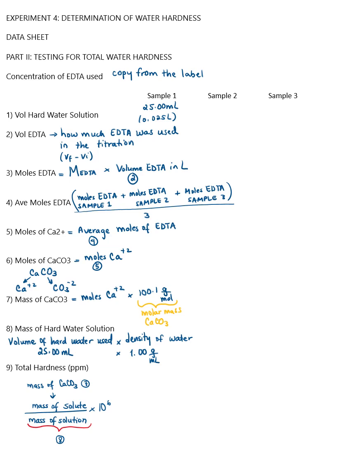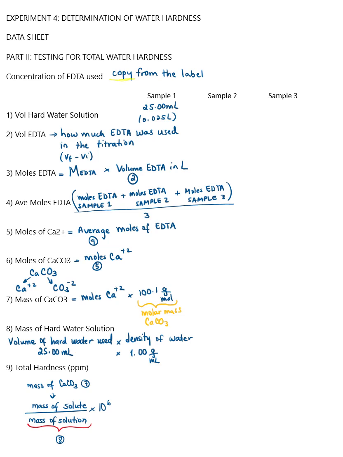To calculate moles, not just moles of EDTA, but whenever you have a molar concentration for a solution and a volume, you can calculate moles by multiplying your volume in liters times the molar concentration. So you do have the concentration of EDTA that you copy from the label.